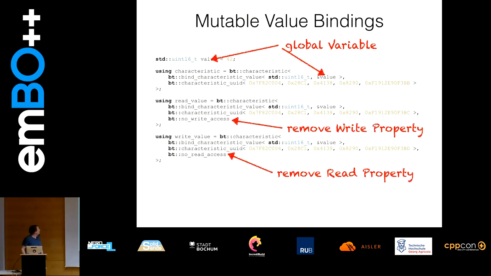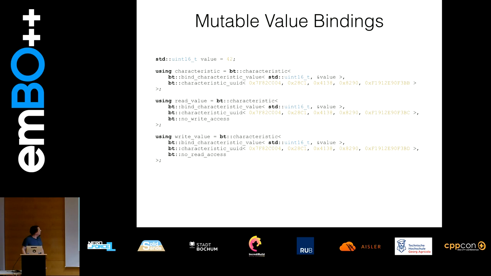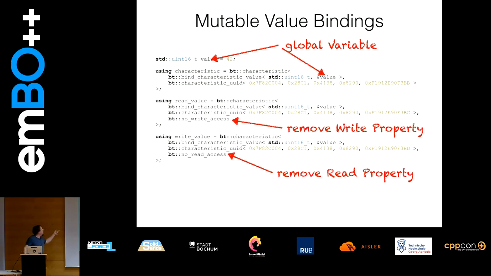The first characteristic will have the properties read and write, and we can remove the write property or the read property. So the variable is technically read and write, but we could restrict the access to this variable by removing either the read or the write property from the set of properties for this characteristic.